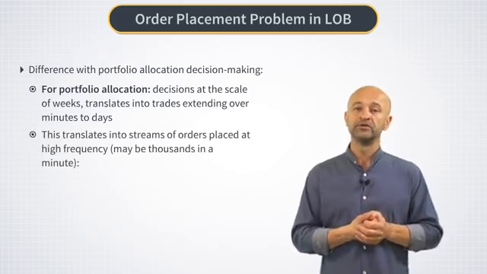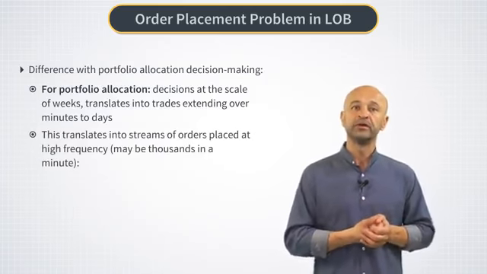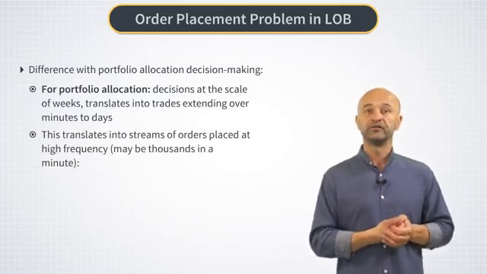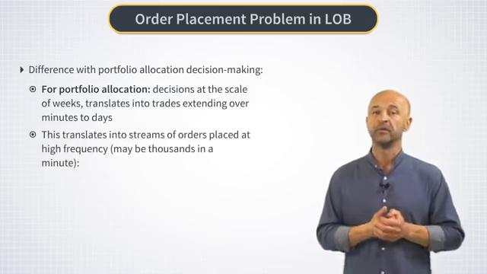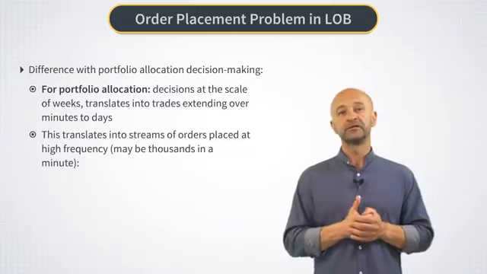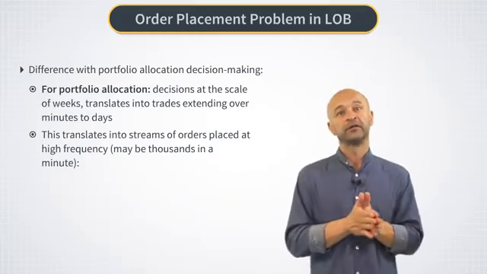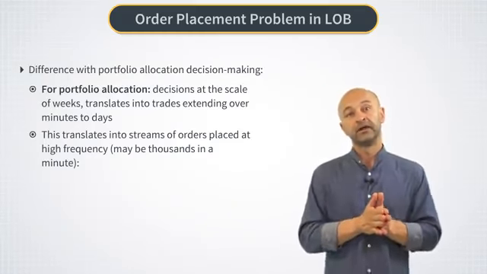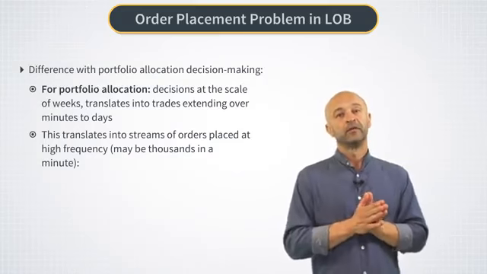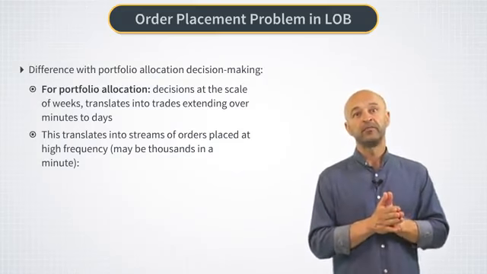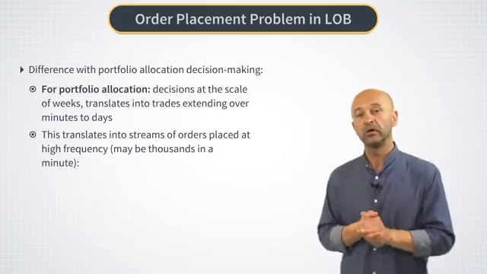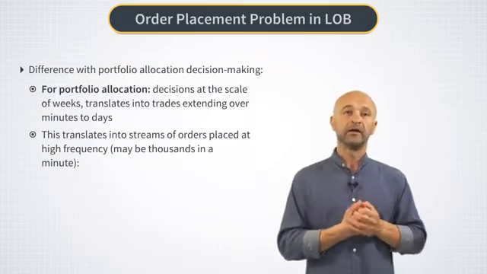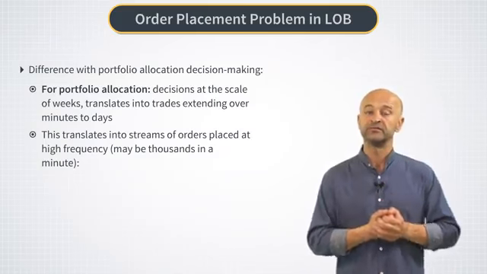Namely, the problem is now how to split the market order received from the trader optimally. And this translates into a stream of orders that they start to place at very high frequency. Their decision space may be focused on only one stock, but it's still a pretty high-dimensional space.